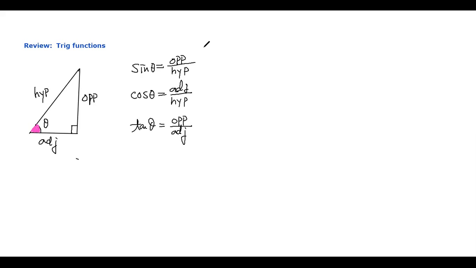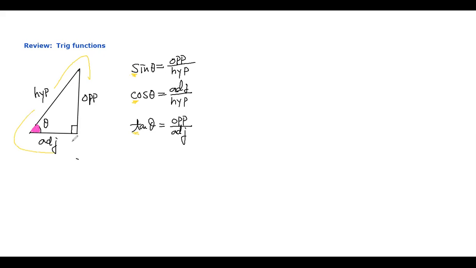In high school, there are many different ways teachers try to help students remember the sine, cosine, and tangent definitions. The way I typically tell my students: sine is opposite over hypotenuse because in the S, you go opposite, adjacent. Then cosine is the C, so that's why it's adjacent over hypotenuse.